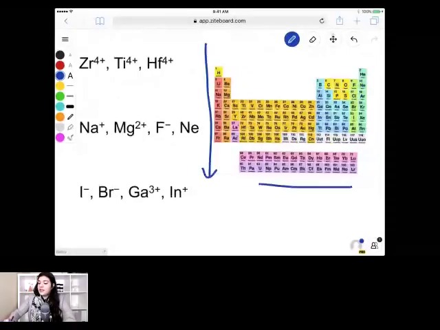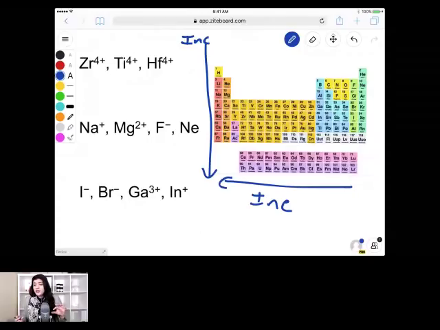So note that it's going to increase as we go closer to cesium and so on. So in our case, let's just figure out where these elements are. And looking at this, we'll see they're all right here, right? So they're all going to be in the same exact column, or in the same exact group.